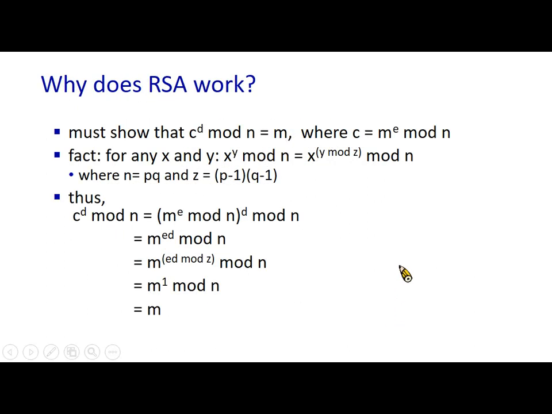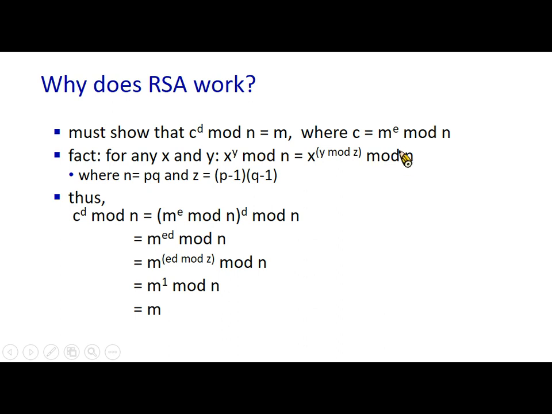So how does RSA work? We must show that c to the d mod n is m, where c is m to the e mod n. The fact is that for any x and y, x to the y mod n equals x to the (y mod z) mod n.